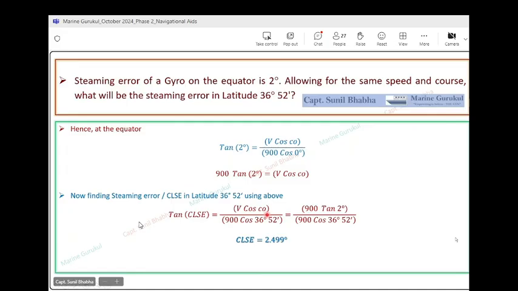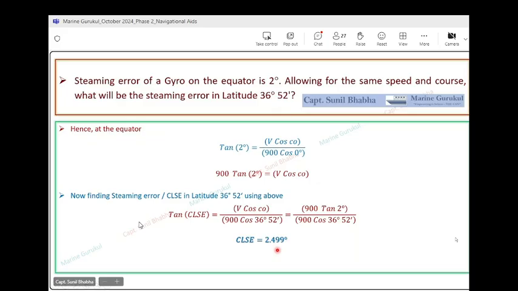V cos course, the numerator, is now replaced with the value we found earlier, that is 900 multiplied by tangent of 2 degrees divided by 900 cos of 36 degrees 52 minutes. Solving this in the calculator, we get the CLSE or the steaming error in latitude 36 degrees 52 minutes as 2.499 degrees.